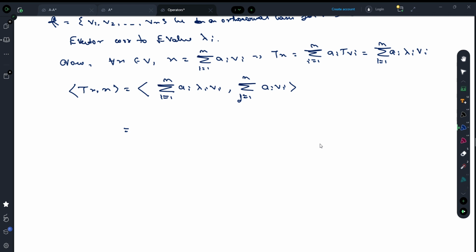Let me use the index j here. If I decompose this out, the scalar parts come out. Since we are talking about an orthonormal basis, it will be of the form summation i equals 1 to n of ai lambda i times the inner product of vi with the summation j equals 1 to n of aj vj.